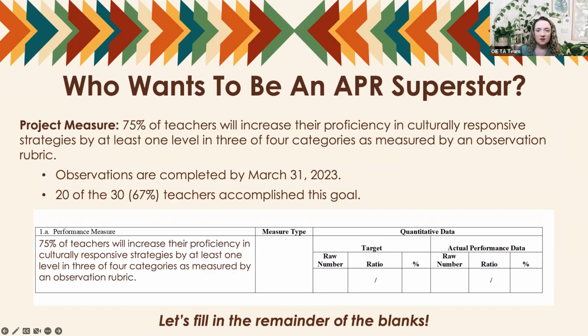Let me pop this one up and we're going to fast finger this one a little bit in the interest of time. And this is that same example where we had 75% of our teachers. Come to find out 20 of the 30, or 67%, accomplished the goal. So what would that look like in our form? Fast fingers.